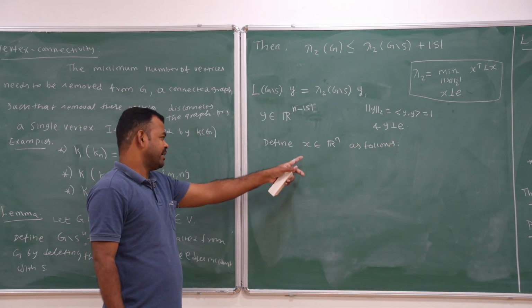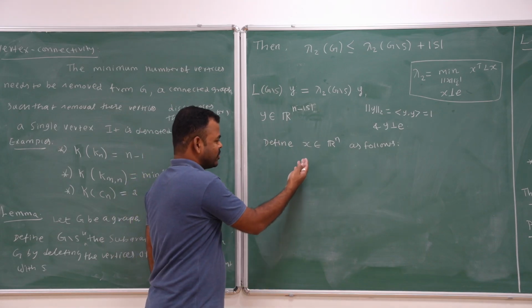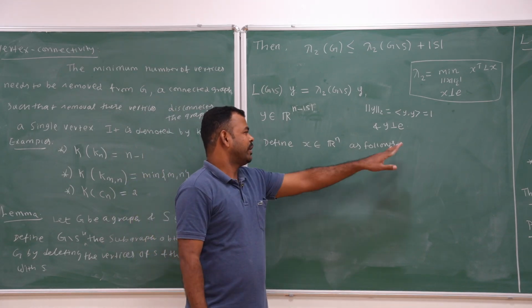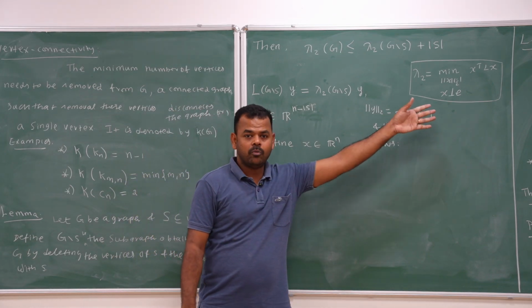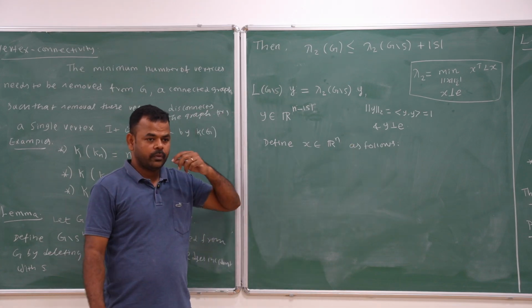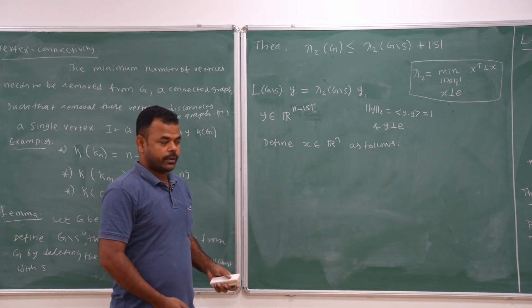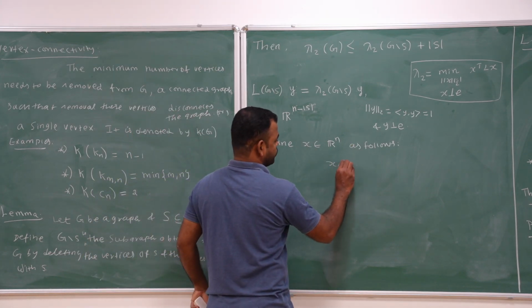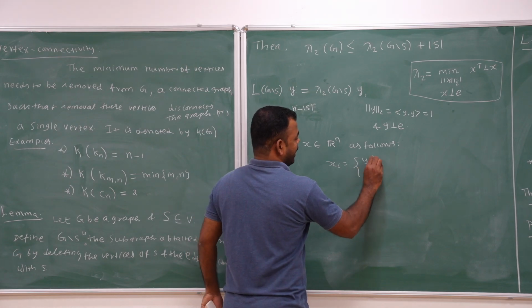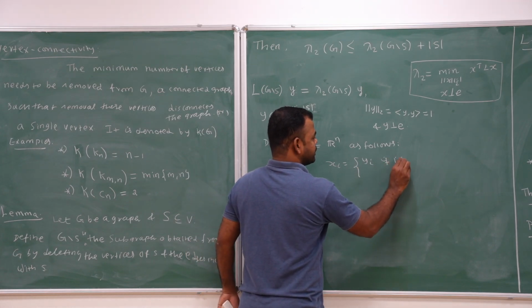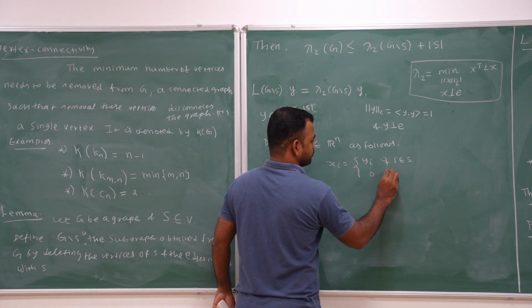We construct x using y. What's the natural way? I want to keep the orthogonality and norm 1, so we can just append zeros. I define x_i to be equal to y_i if i is in S, 0 otherwise.